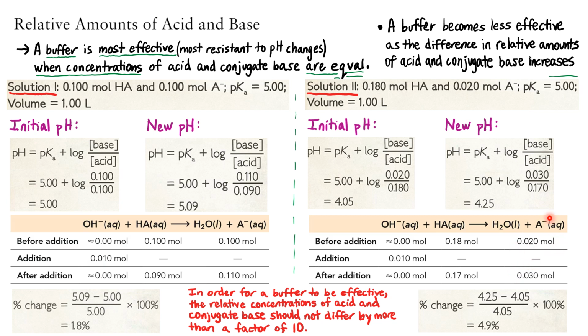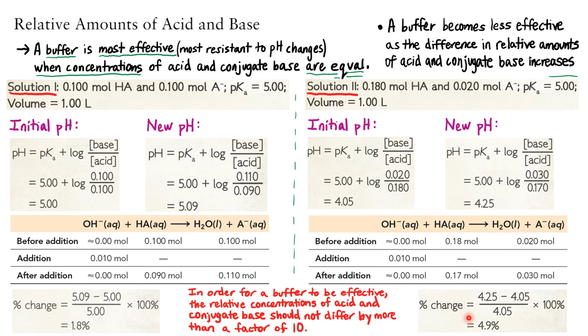And likewise with the conjugate base, we went from 0.02 to 0.03. So we plug in our new concentrations and notice that the new pH is 4.25 relative to the initial, which was 4.05. And now when we calculate the percent change in this case, the pH changed about 5% from the initial. So bottom line is, you don't want a high percent change.